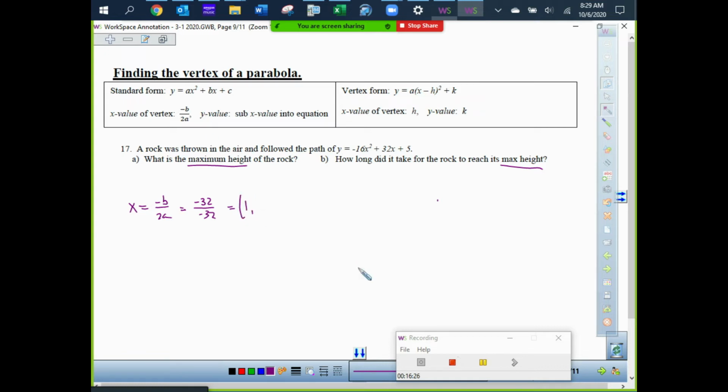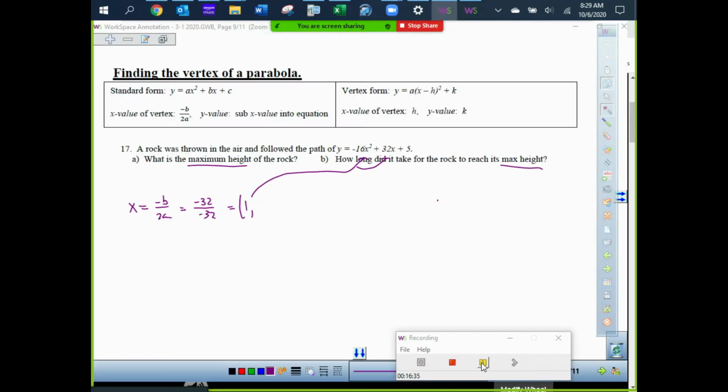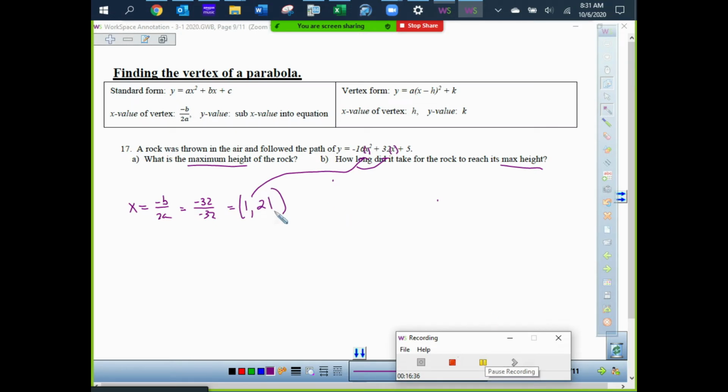Sub it in. Put 1 in for x, and what did you get for that? So we got 21 for the y value of the vertex by punching that in, and that would be 21 feet. And how long did it take, everybody? 1 second. Don't forget the labels. Not too bad.